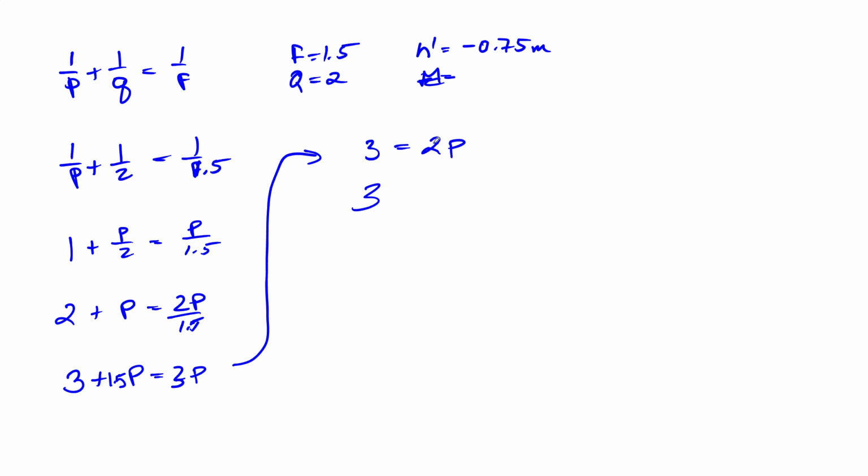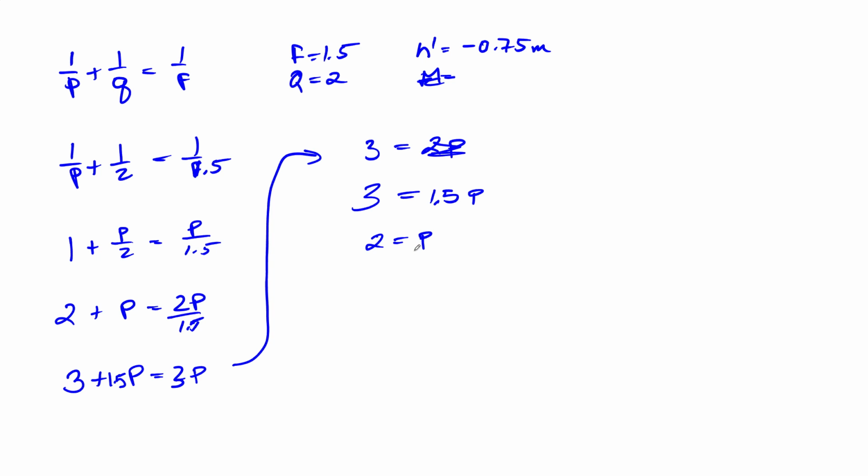So 3 is not equal to 2P, but equal to 1.5P. So 3 divided by 1.5 should give me 2, which is not correct, because it should be 6.